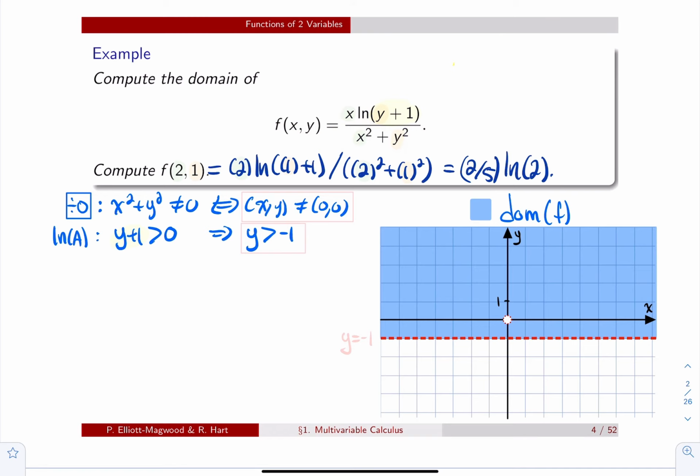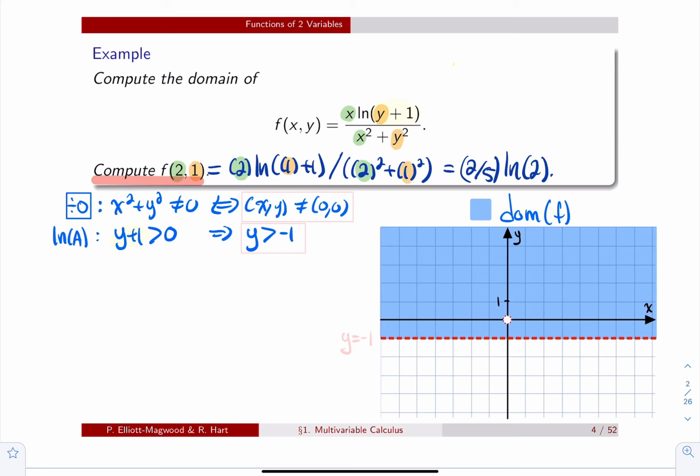So here, when you are asked to compute f at 2, 1, you need to understand that the 2 is the x value. So every single occurrence of x is going to be replaced by 2, and then you're going to replace every single y by 1. And now what do you get? Well, you get 2 times ln of 1 plus 1, divided by 2 squared plus 1 squared.